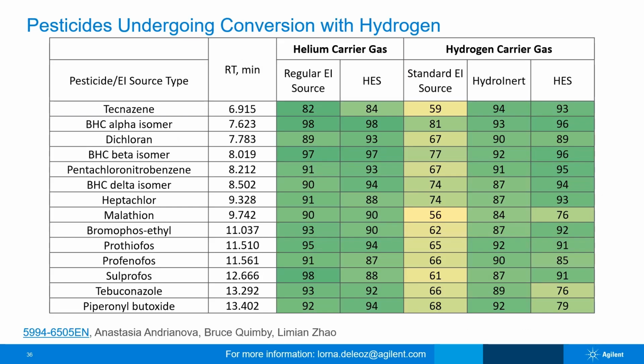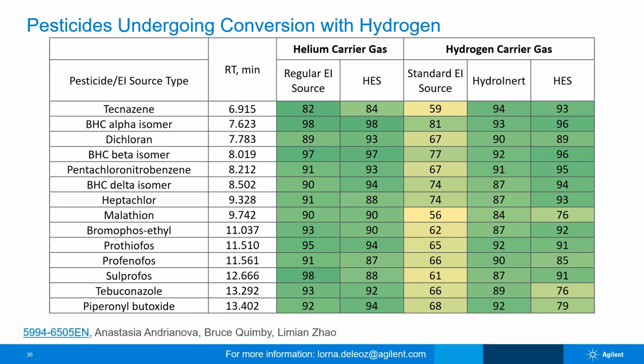Technazine is not the only pesticide that undergoes the undesirable chemical reaction. These 15 compounds are some examples that we observed out of the 203 pesticides that undergo chemical reactions, and as a result suffer sensitivity losses in the source if we're using a conventional EI source. The in-source reactions were evidenced by lower library match scores.